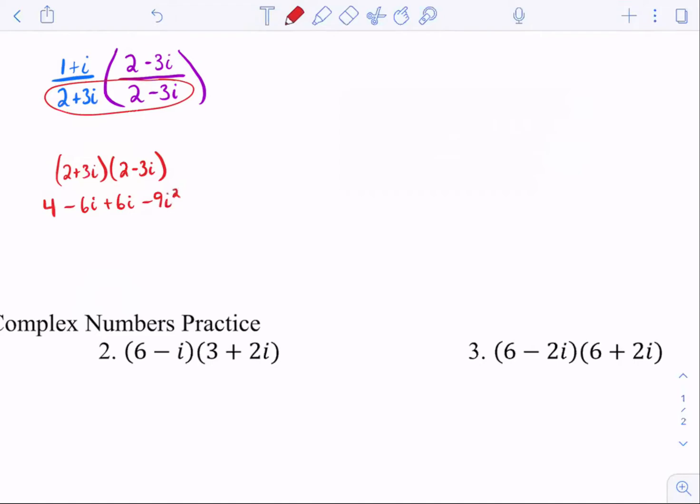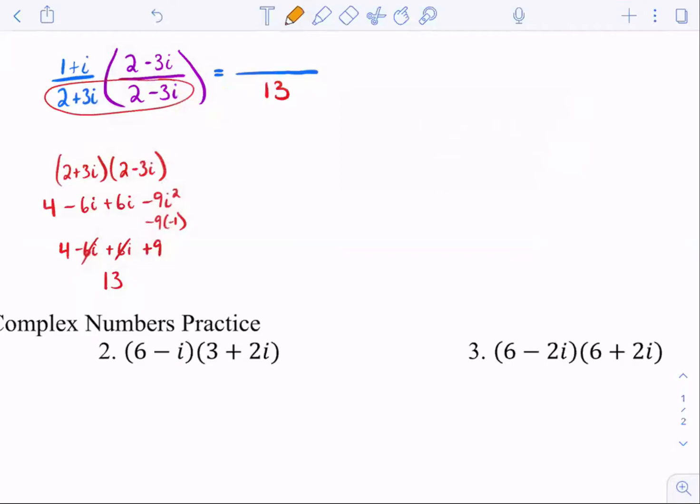So really this becomes negative 9 times negative 1, so it's plus 9. So 4 minus 6i plus 6i plus 9 means I get 13. So our new denominator is now 13.